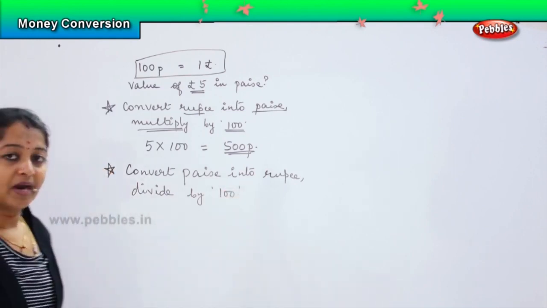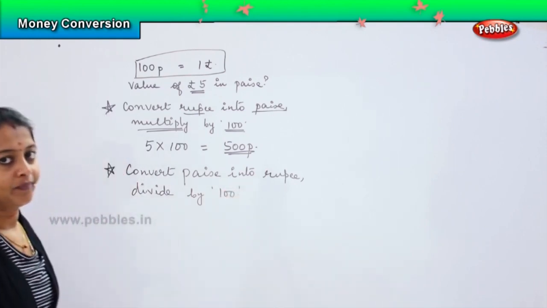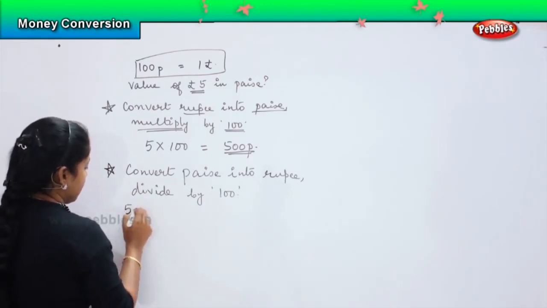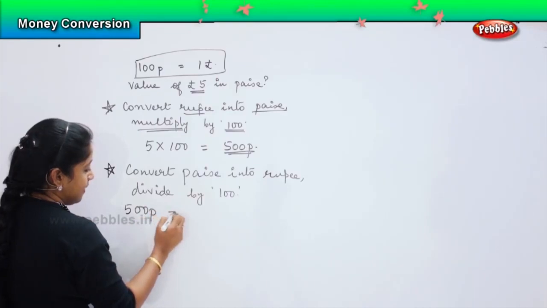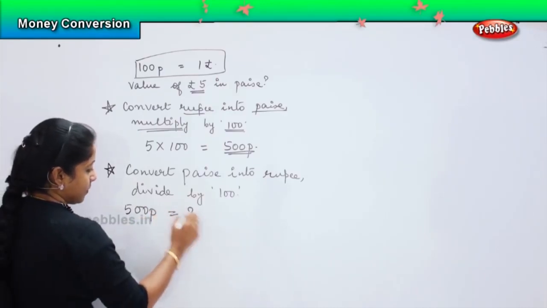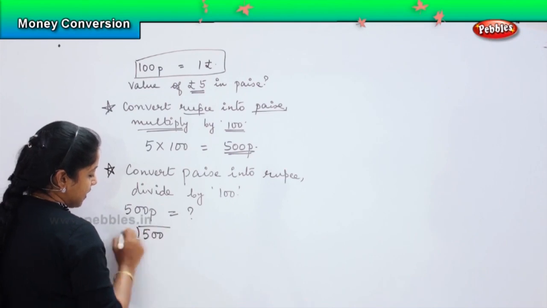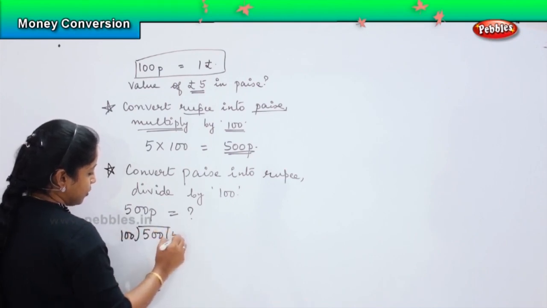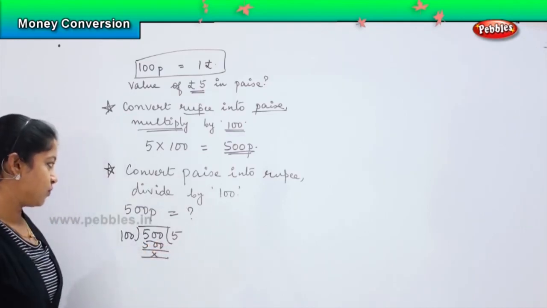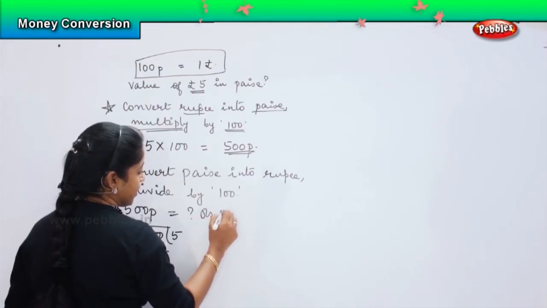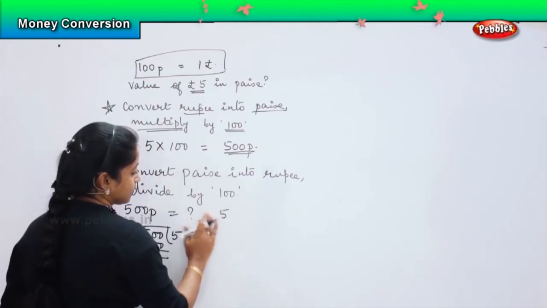So if I am converting paise into rupee, suppose I have to convert 500 paise into rupee form, what I will do is divide this 500 by 100. So it will give me the answer 5, which means that 500 paise is equal to 5 rupee.